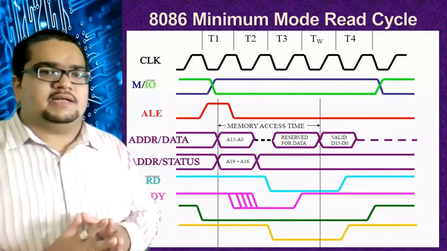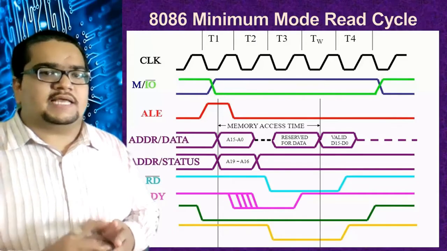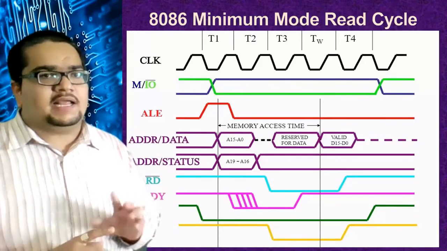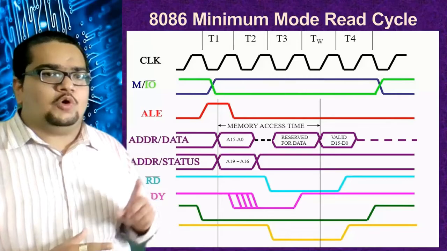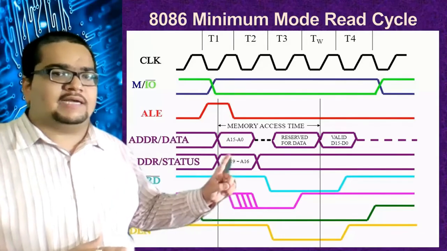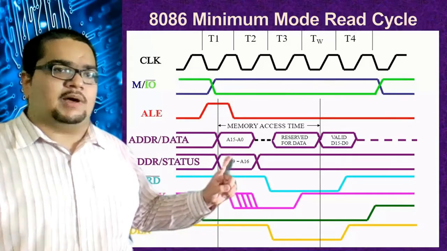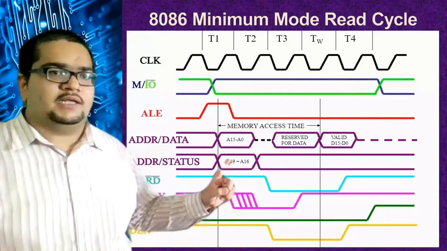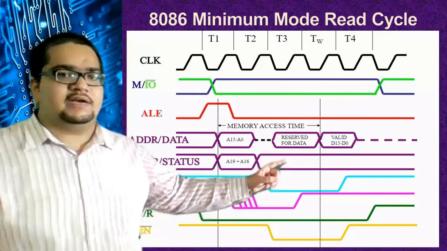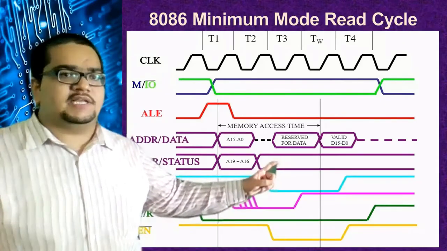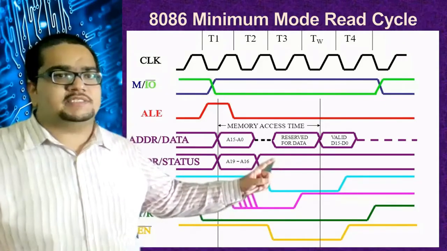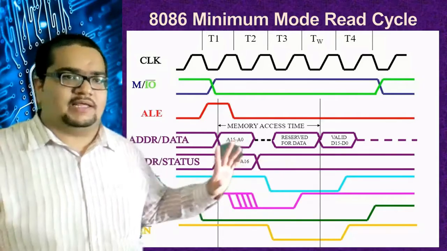So these are S3, 4, 5, 6, and S7 is on BHE bar. Whenever that is showing the addresses A16, 17, 18, 19, the other line will be showing BHE bar. And next, when it shows the status S3, 4, 5, 6, that BHE/S7 line will show the S7 line.